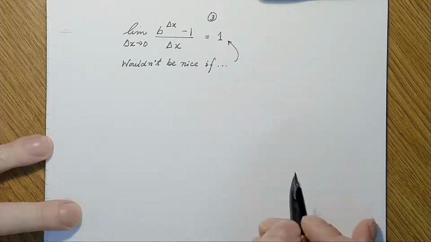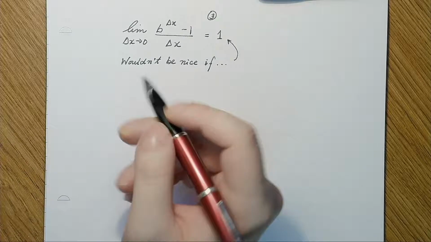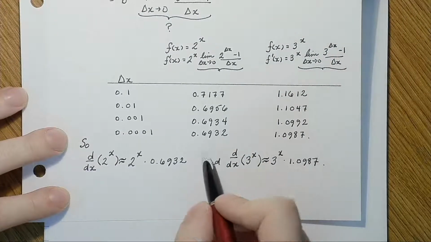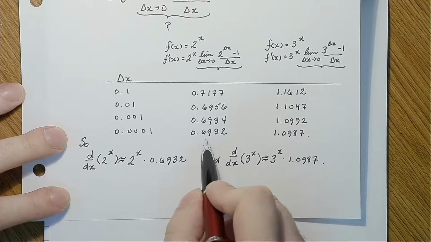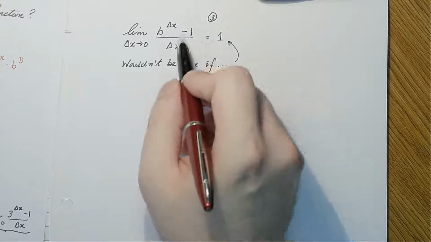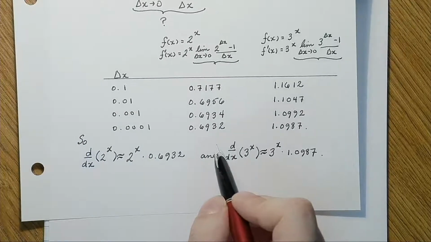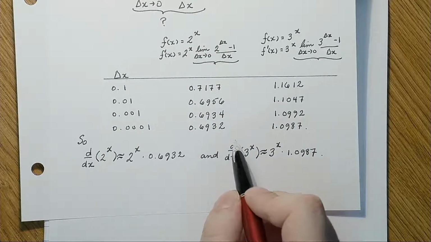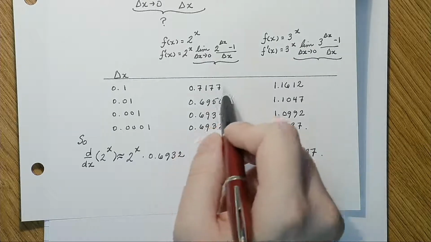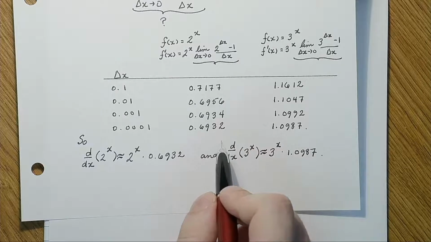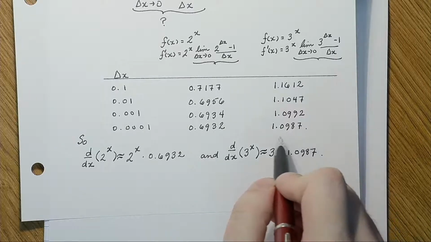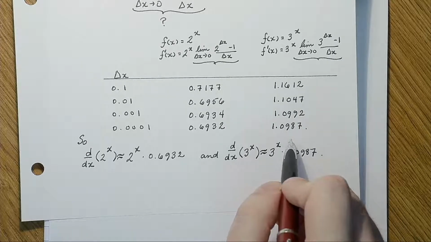What we did see, though, from our little calculations here, was that to get this to equal 1, the base is between 2 and 3. If I picked the base to be 2, I got something like 0.693. And if I picked the base to be 3, then I got a number of 1.09.